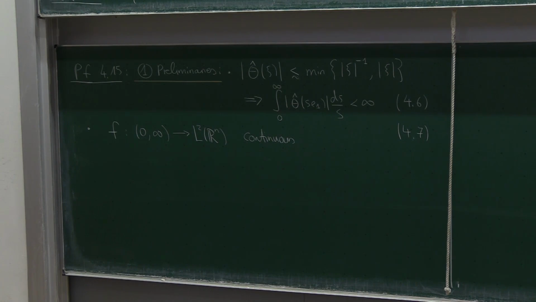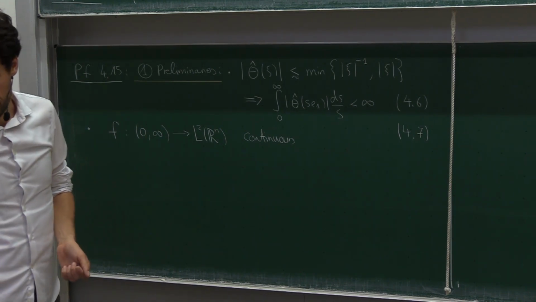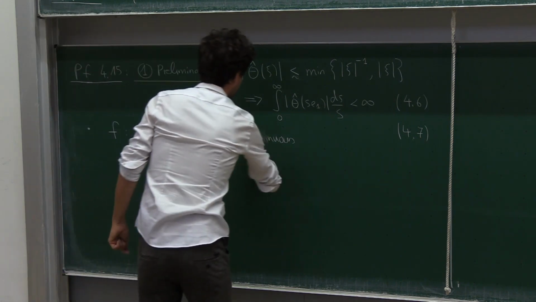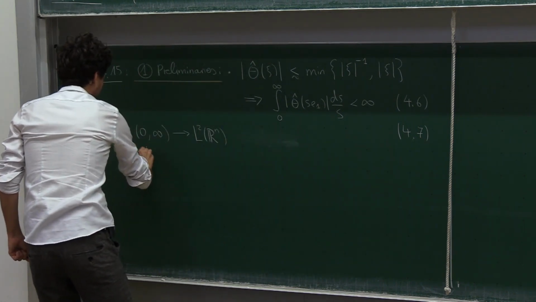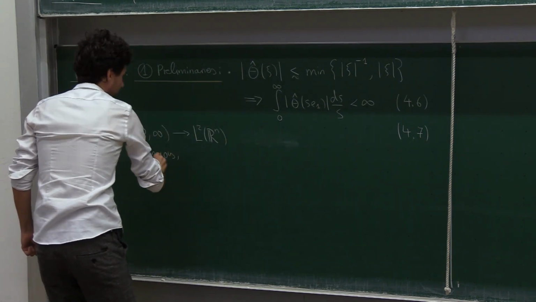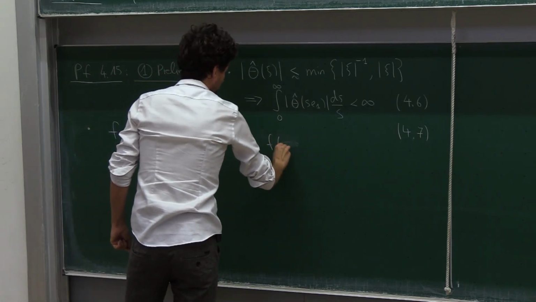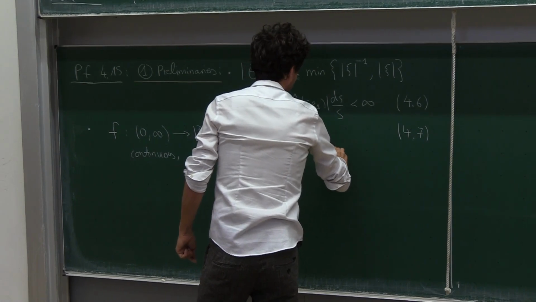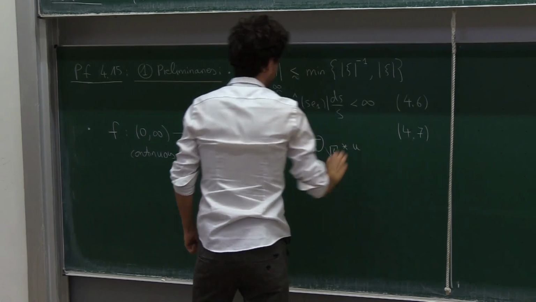I think there are a ton of ways, and all have their own charm and reason, to prove that this function is continuous, but because we're going to use the Fourier transform anyway later on, let's do it. I should say what the function is here, otherwise the statement is kind of weird. So f of t should be what I want to integrate: theta of square root of t times u.